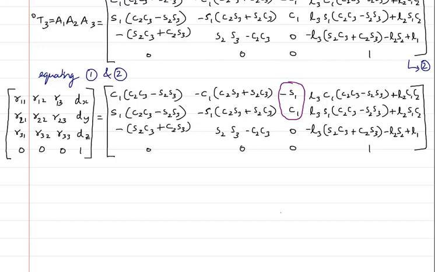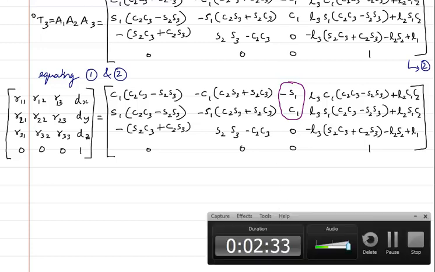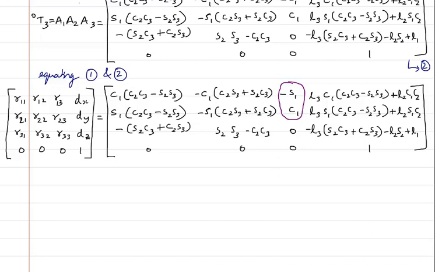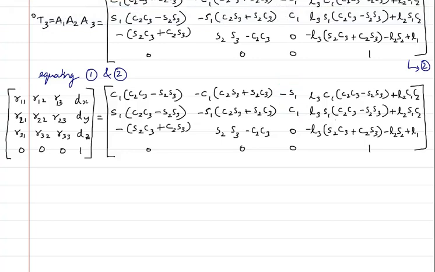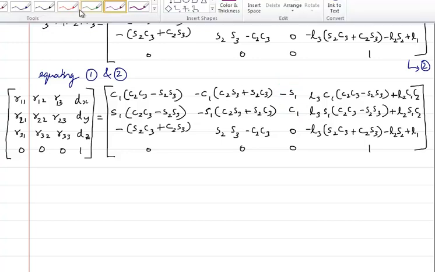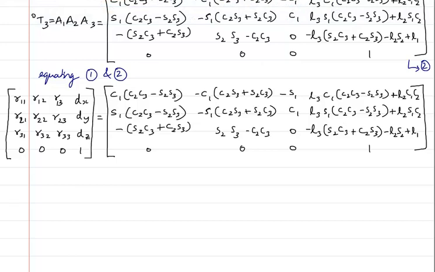For getting theta 2, we can use this equation. Let me go back. For S2, we can use this particular equation. Here, L1, L2, L3 are the link lengths, so those are already known.